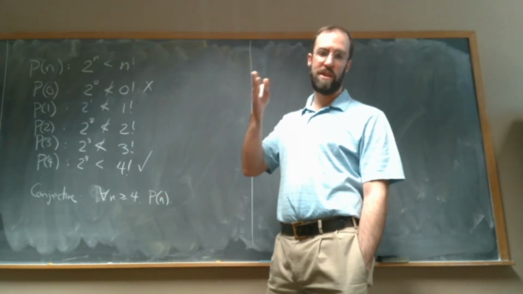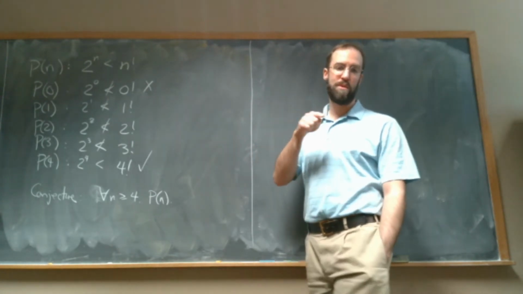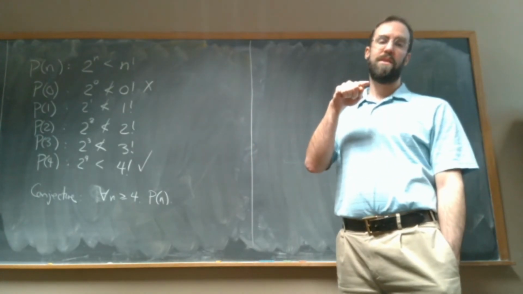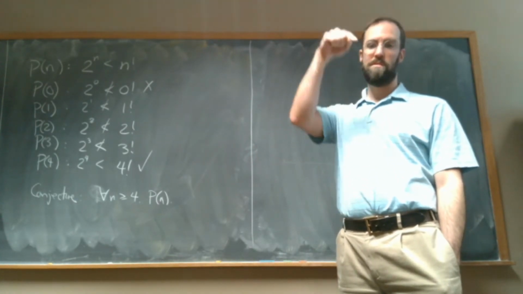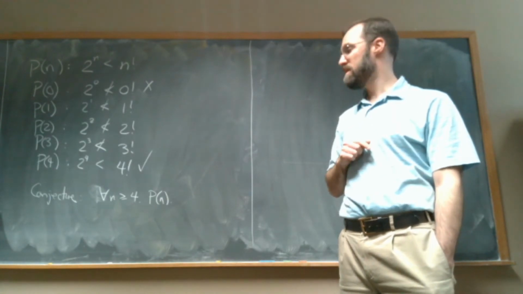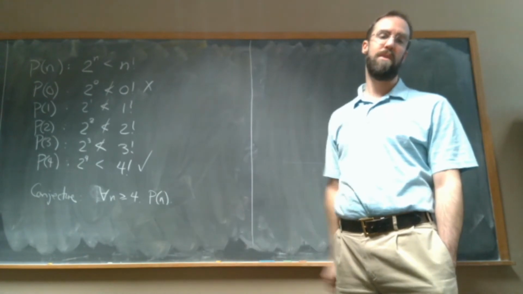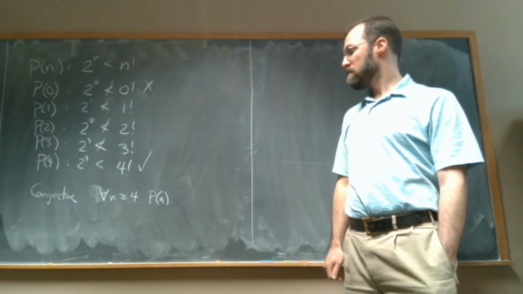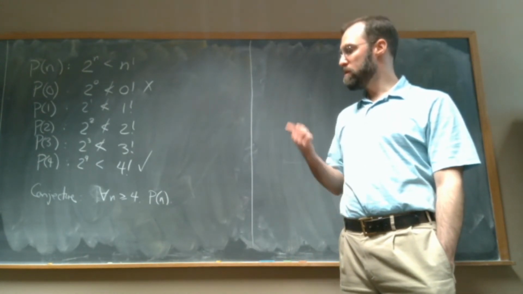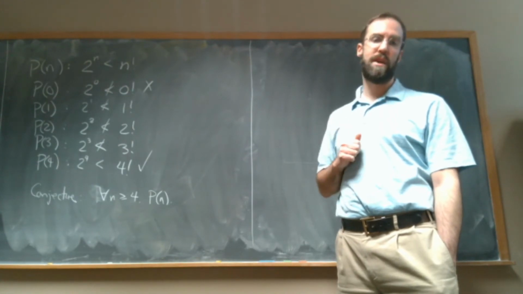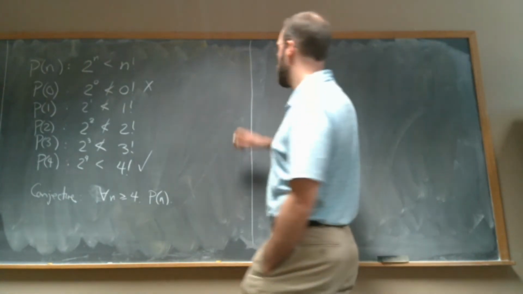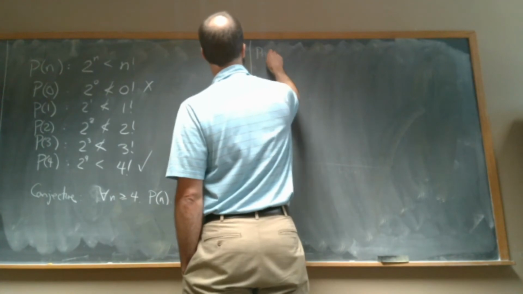So if our base case is P of 4, and then we also prove that for any k that's 4 or greater, P of k implies P of k plus 1, then P of 5 will be true, then P of 6, P of 7, and so on forever. So we're going to do a proof by induction, but we're just going to change our base case to be P of 4.